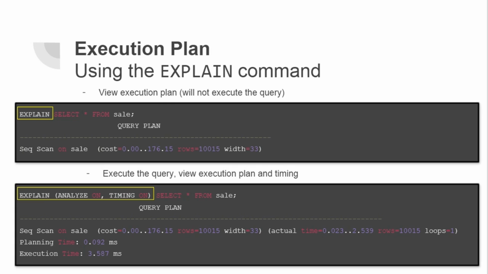And another very interesting thing that you can see here, when you add the analyze on flag, is the estimate of the database, which is the first part in parentheses, and then what actually happened. We are going to look at this in a bit. So hopefully you understand how to produce an execution plan, and how to produce an execution plan with timing.